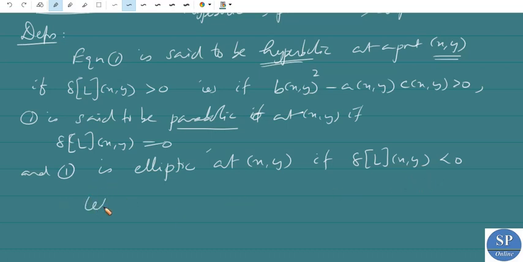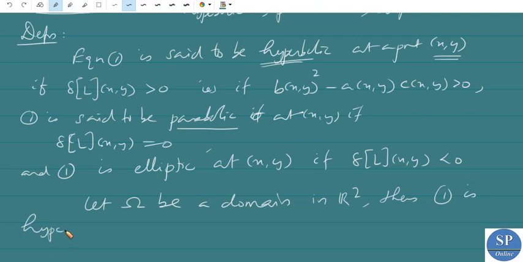Now let omega be a domain in R2. That means the domain is an open connected set in R2. Then the given equation 1 is hyperbolic in omega if it is hyperbolic at all points xy in omega. Clear?